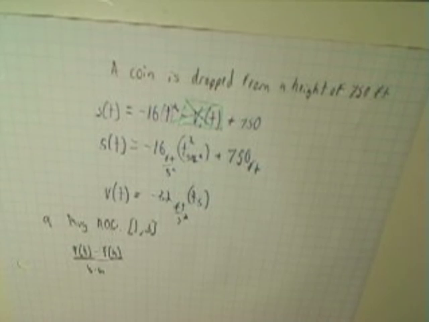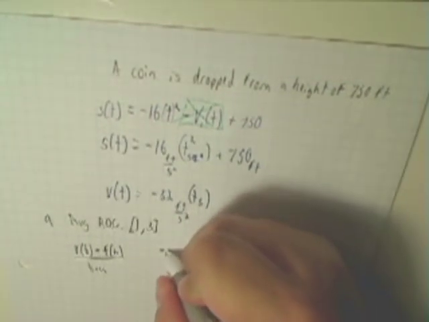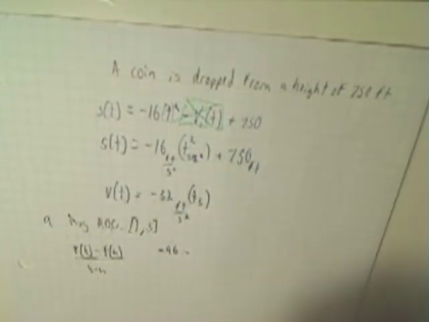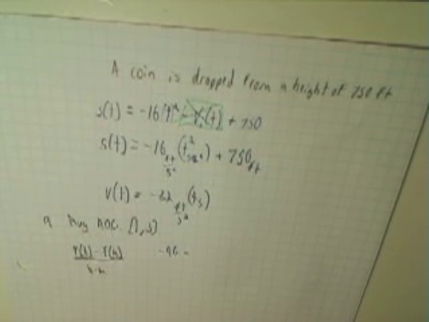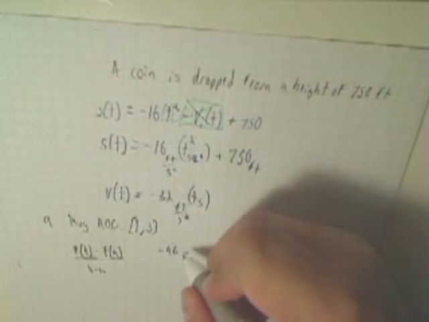So, f of b would be negative 32 times 3, which is negative 96, while negative 32 times 1 is just negative 32.